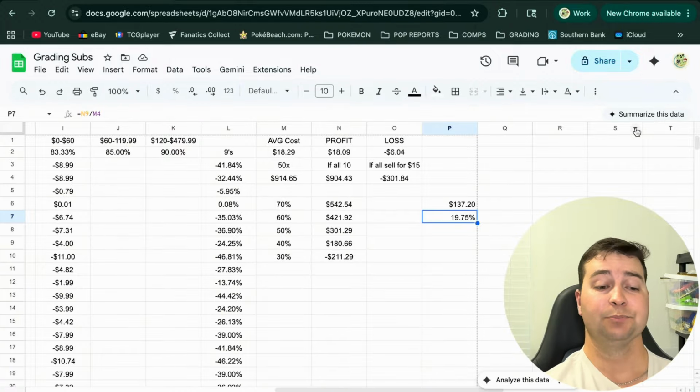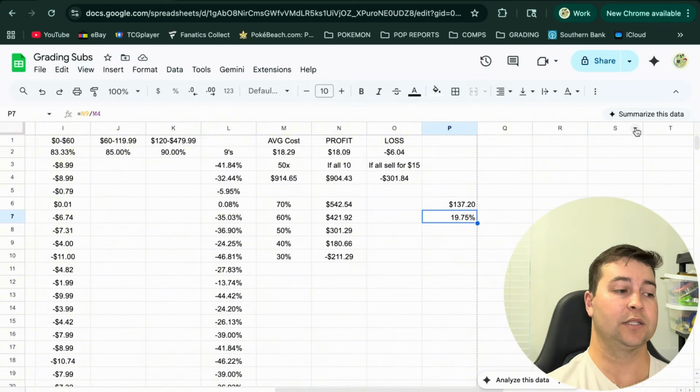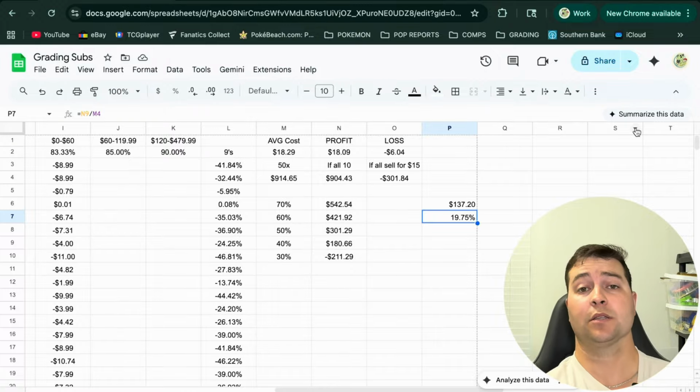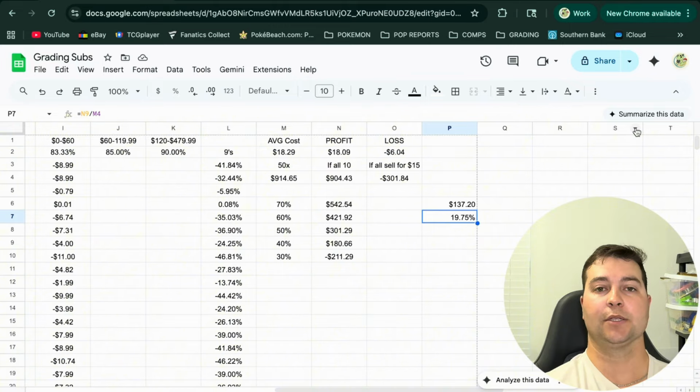So I'm going to lose whenever this card gets sold for $15 whenever it doesn't get a 10. But the idea is to have so many that the gem rate starts to kind of take over and pull away, so then we can make some profit.